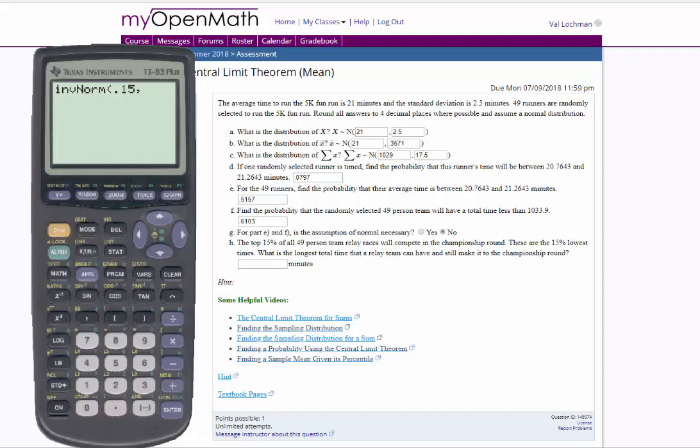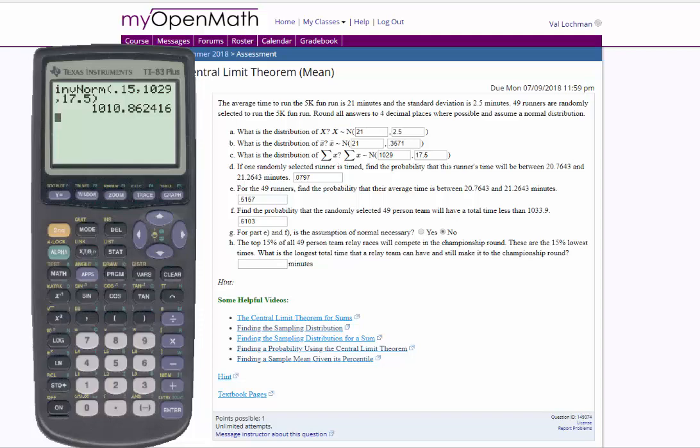Okay, so 0.15. What is the mean? The mean is 1,029 because we're looking for the total time, and the standard deviation is 17.5. Here we go. All right, so the total time for a 49-person team to make it to this championship should be 1,010.86 or smaller, right?